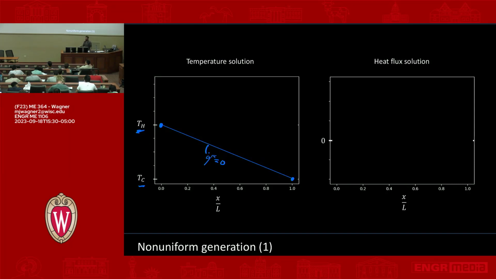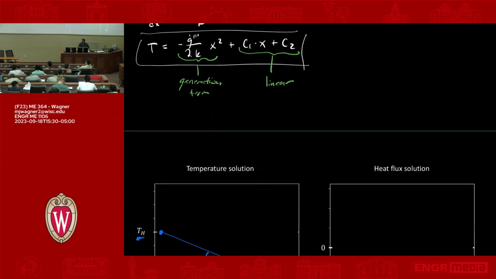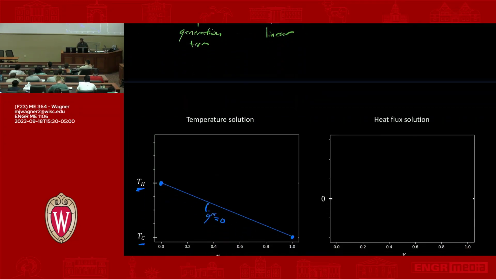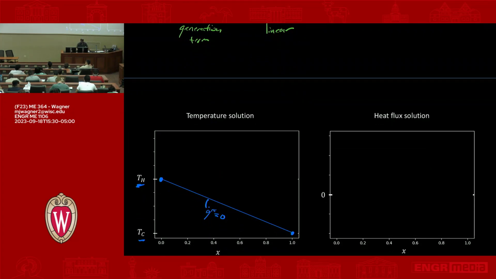Now remember, I'm adding on this parabolic, concave downward quadratic term. As G dot triple prime goes up, that's going to become more and more dominant in the solution. So I can sketch out what that starts to look like. Let's say we have just some small amount of generation.